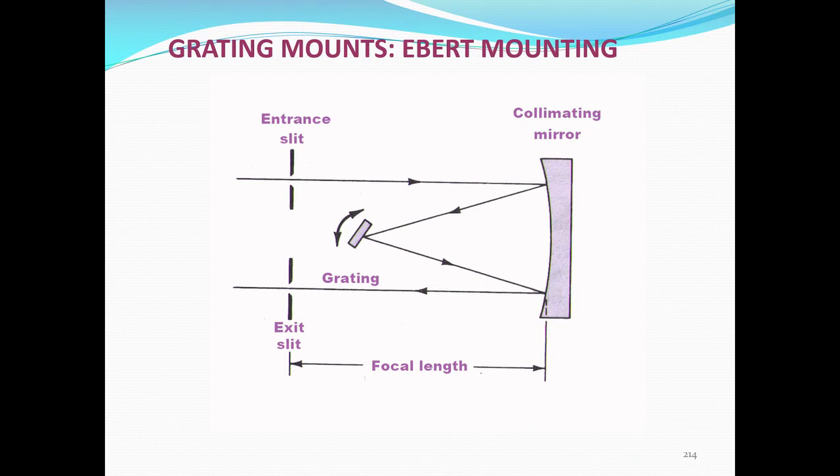Now, in this optics part, the arrangement of the exit slit and entrance slit is very important, and that is known as mounting. A mounting combination consists of an entrance slit, a mirror, a grating or a prism, and then the transmitted or reflected light has to be collected back on the exit slit.